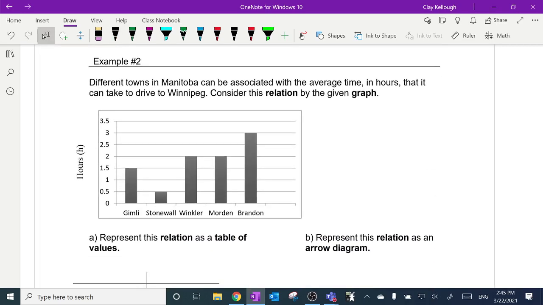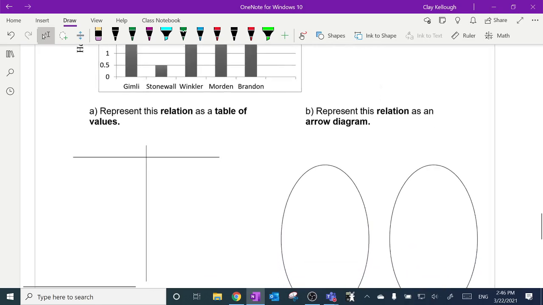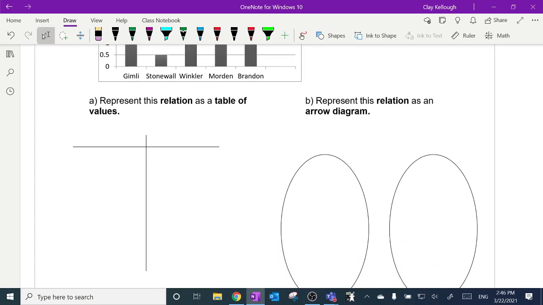All right, let's take a look at one that's slightly more numerical, and it starts with a bar graph. Consider the relation given by this bar graph. Different towns in Manitoba can be associated with the average time in hours that it takes to drive to Winnipeg. So represent this relation as a table of values. Okay, so as a table of values, you'd just rewrite this numerically. You'd go town and hours.